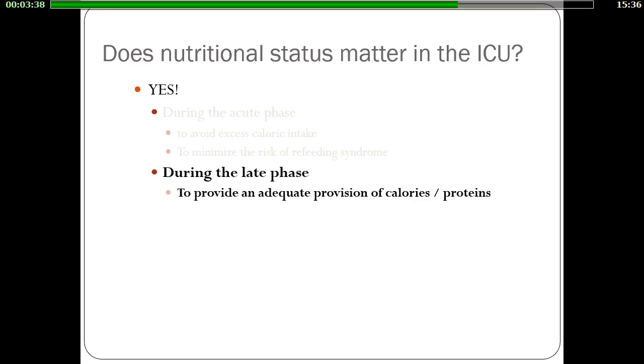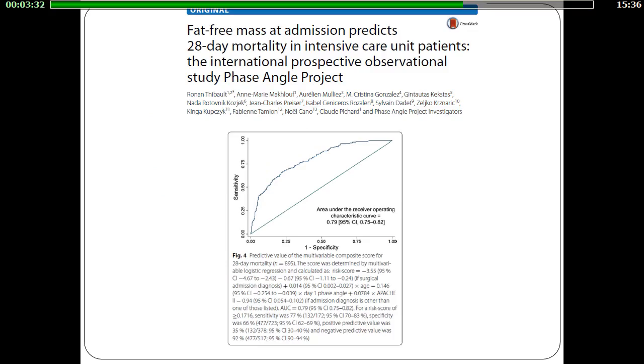Now, during the late phase, does nutritional status matter in the ICU? Yes, of course, to provide an adequate provision of calories and proteins. How can we check that we are improving and we are restoring muscle mass and strength? We can use anthropometric measures such as the phase angle, which is obtained by dividing the resistance by the reactance when we do a bioimpedance, which is really easy to perform at the bedside.